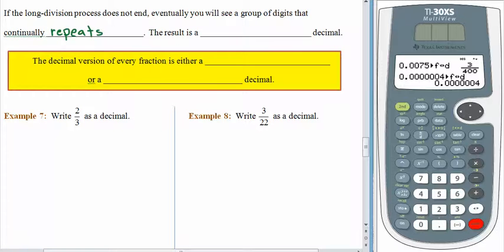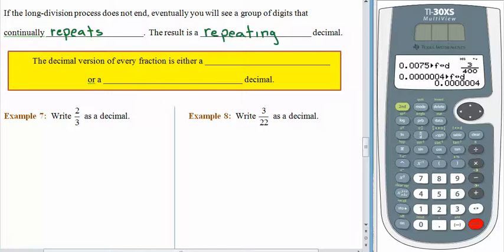We end up with what's called a repeating decimal. And the nice thing about fractions is those are the only options. You either get a terminating decimal or you get a repeating decimal. There is no fraction that has some crazy decimal portion that keeps on going on and on and on forever without some sort of pattern. It either stops or it has a portion that repeats.